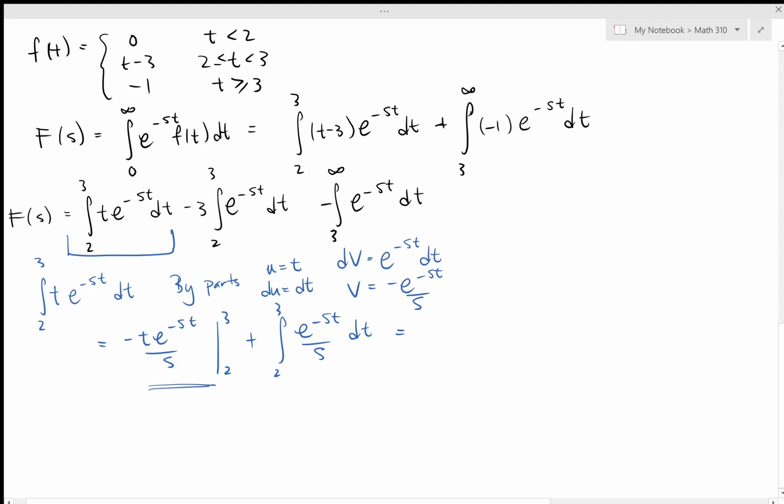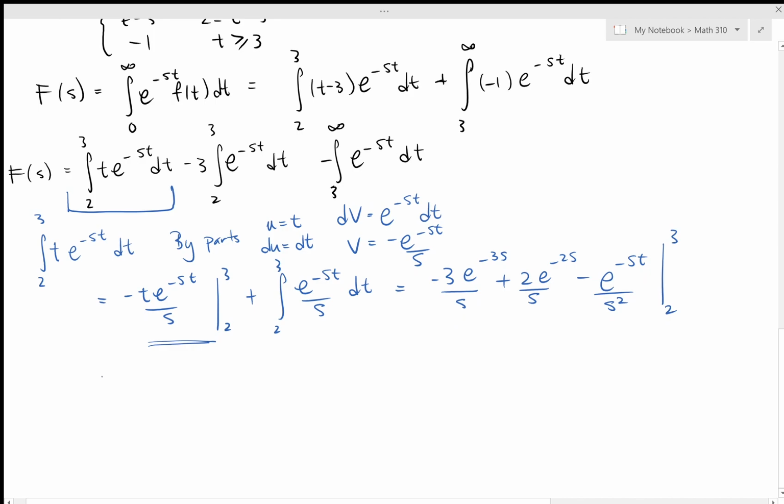I evaluate this at those two numbers. I get minus 3 e to the minus 3s over s plus 2 e to the minus 2s over s minus, and then I do that next integration, which is going to be e to the minus st over s squared, evaluated at 2 and at 3.